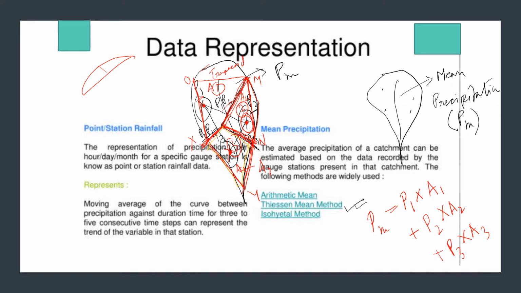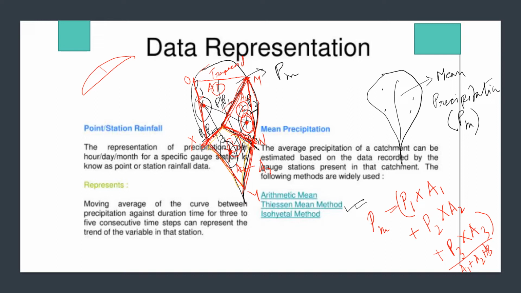So to estimate the mean precipitation of this watershed by the Thiessen mean method, it is P1 into A1, P2 into A2, and P3 into A3, divided by A1 plus A2 plus A3.